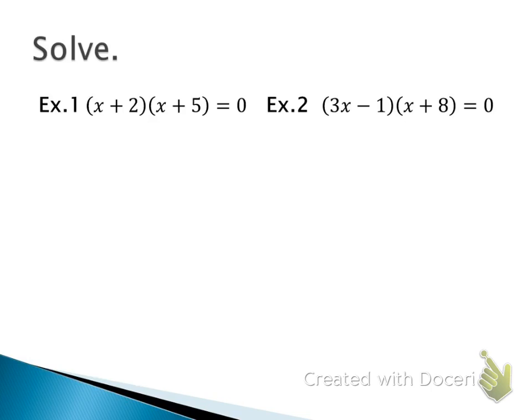And now on these first couple problems, go ahead and write them down. Examples 1 and 2. What's nice about these first couple problems is that they already did the factoring for us. So we already have a multiplication problem that is set equal to 0.